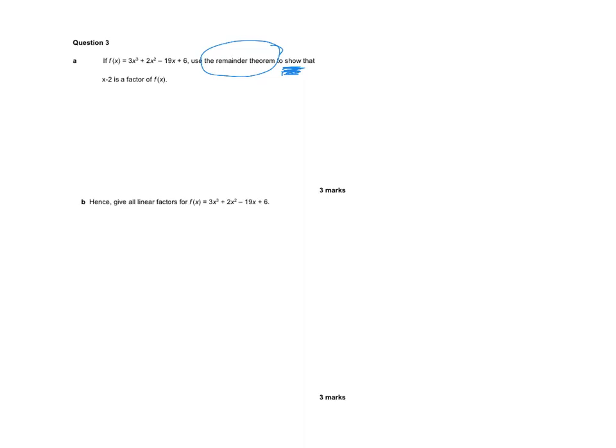So your statement here should be something like prove f of 2, because we know the function is 3x cubed plus 2x squared minus 19x plus 6. So prove f of 2 is equal to 0, and therefore x minus 2 is a factor. So that's a statement of what I'm going to do.